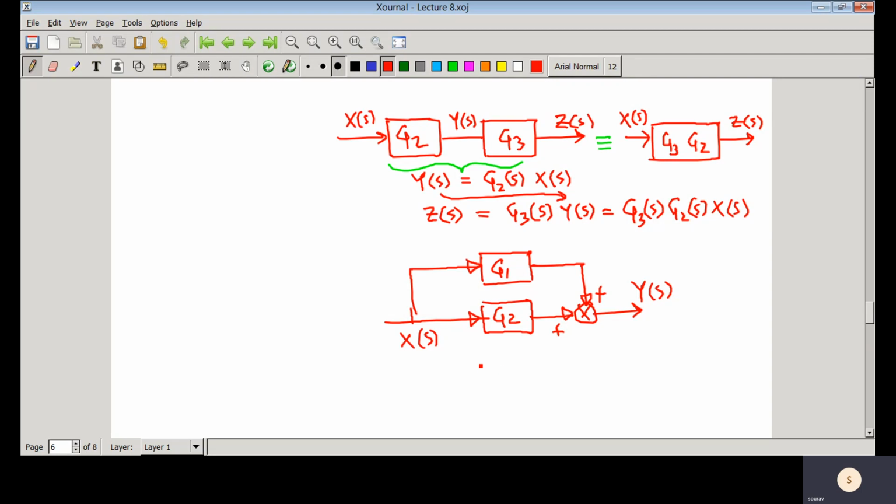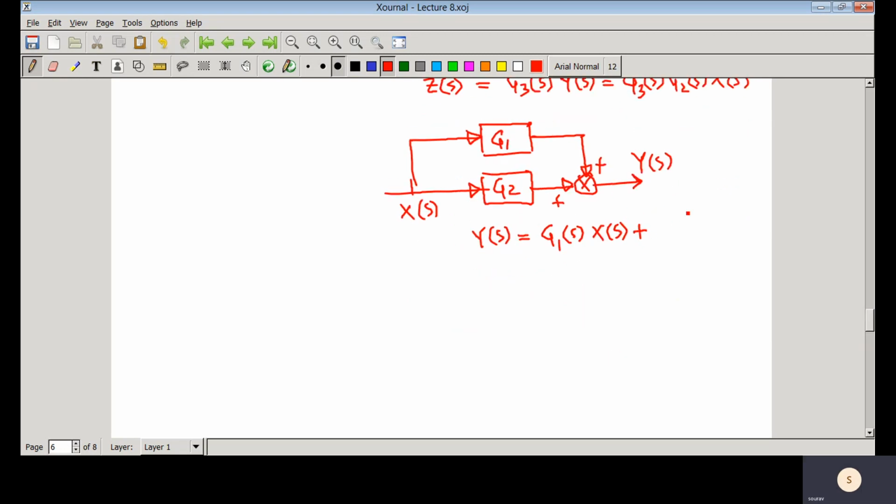What would be your YS? YS equals G1S XS plus G2S into XS. So you can write G1S plus G2S into XS. In all the block diagrams I am not showing S, so you should not be confused. Here I write S, but there I have not written S. Basically that is G1 plus G2.